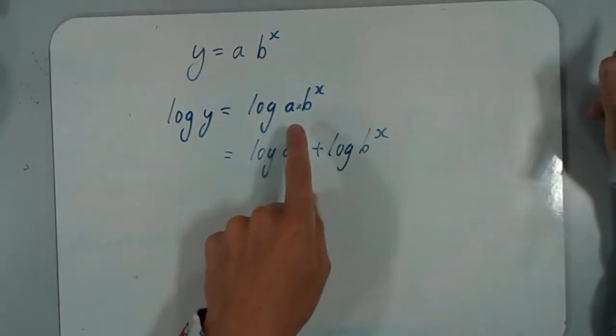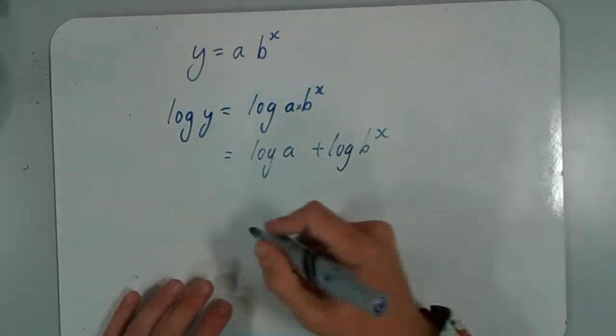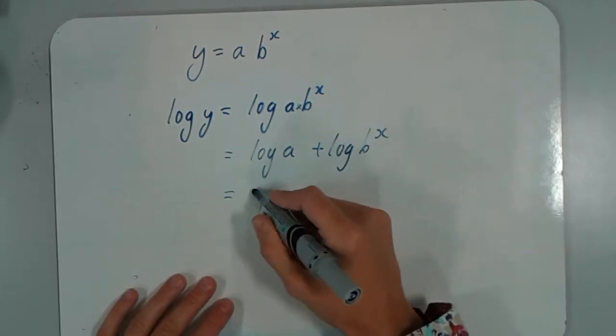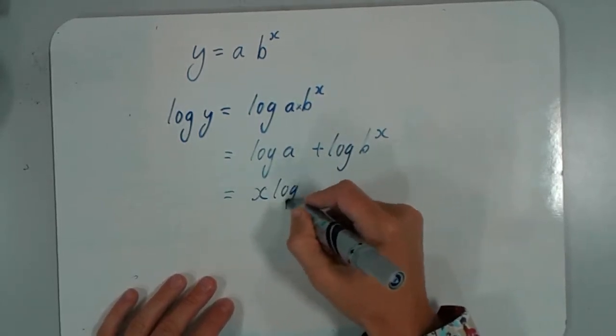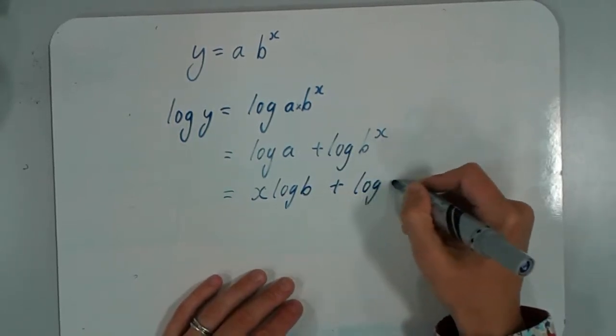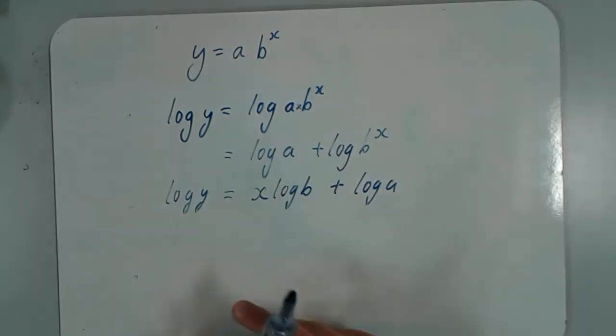We can write a multiplication within a logarithm as the addition of 2 logarithms. Therefore, I can write this as x log b plus log a, and that will be log y.